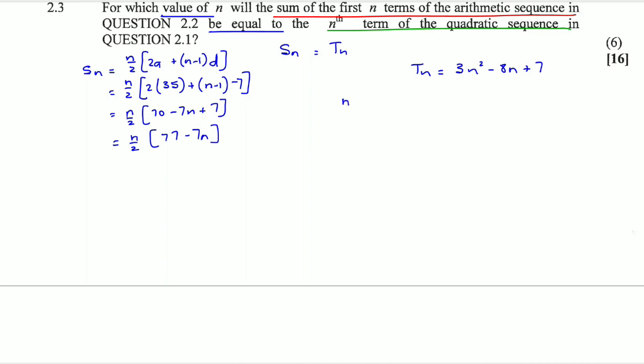So n over 2 times 77 minus 7n is equal to 3n squared minus 8n plus 7. We can multiply both sides by 2. That will give us n times 77 minus 7n is equal to 6n squared minus 16n plus 14.